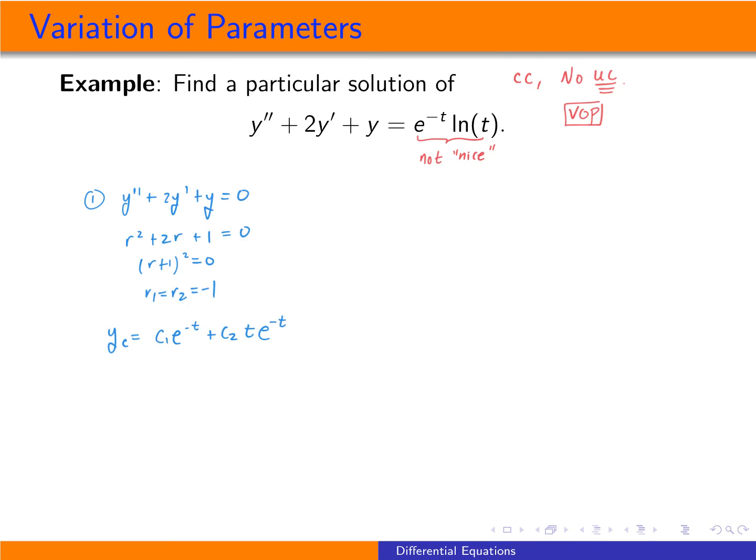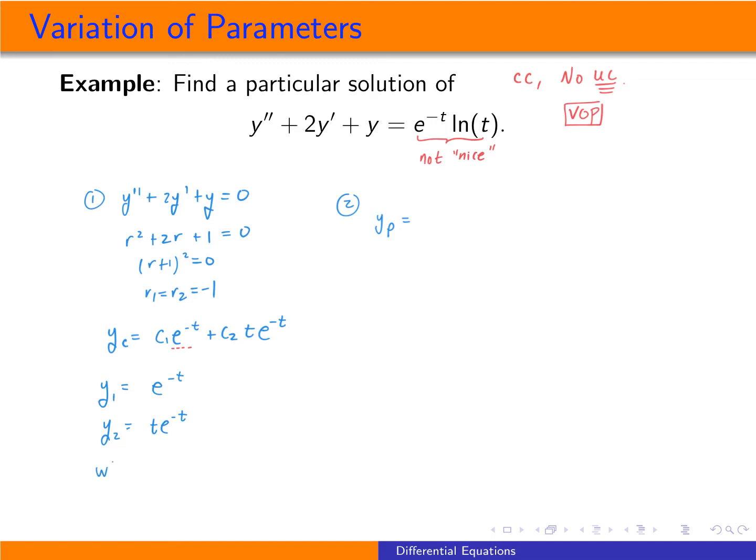And before going on to use variation of parameters and find our particular solution, we first need a few key ingredients that I usually calculate beforehand. So we need to indicate what function is going to play the role of y1 and what function is going to play the role of y2. So in this case, y1, and you could choose either here, will be e to the minus t. And y2 would be that second function, t e to the minus t.